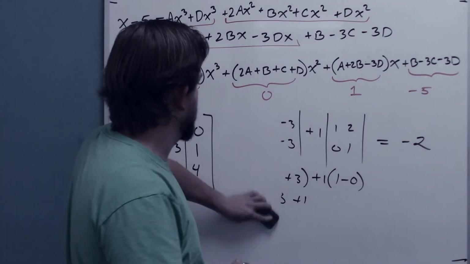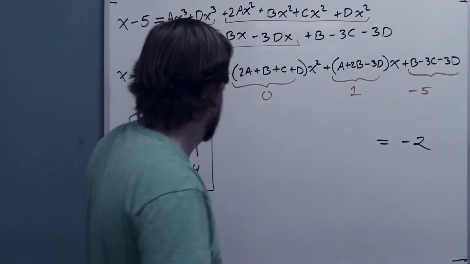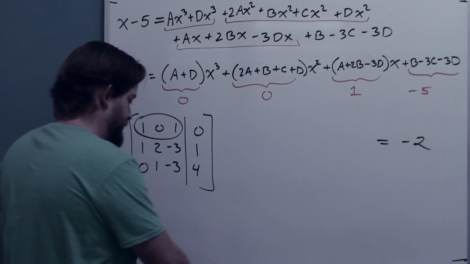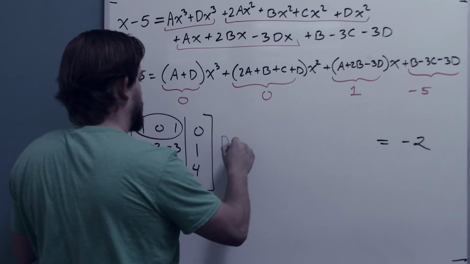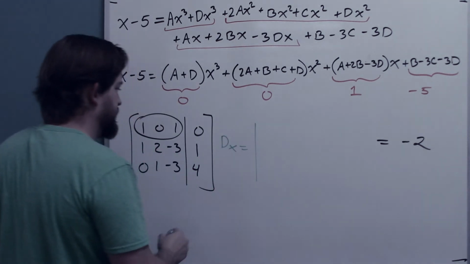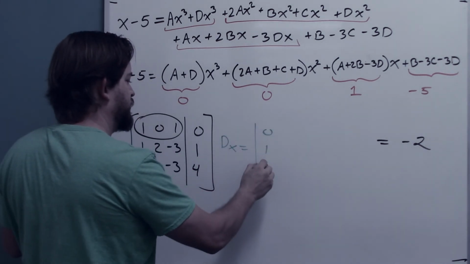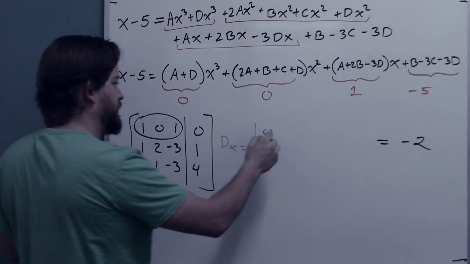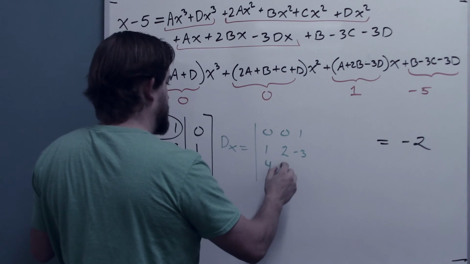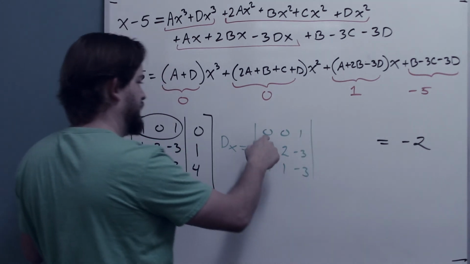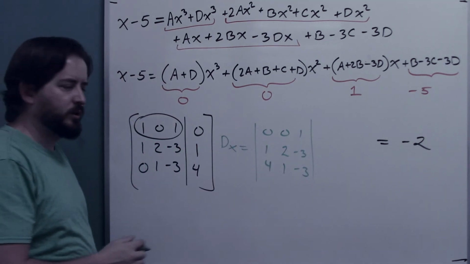Get rid of a little bit of this here. dx, I'm going to go perhaps green. dx is the determinant where 0, 1, and 4 are put in place of the x, and then everything else stays the same. dx is nice because I have 2 zeros I can exploit.